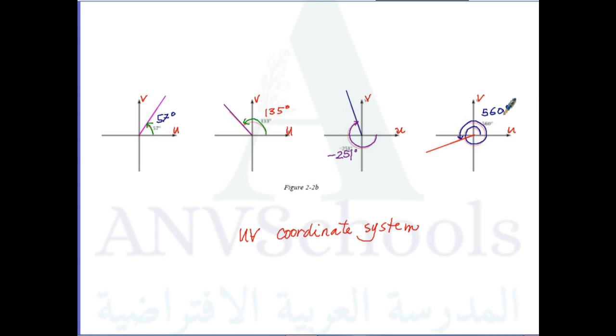Why 560 degrees? We have one complete circle, and that's 360 degrees. And we measure this angular excess here as 200 degrees. So therefore, this is 560 degrees.